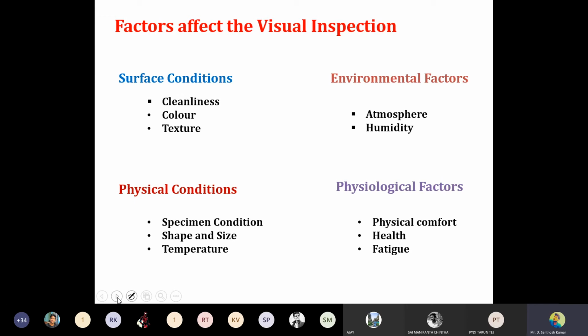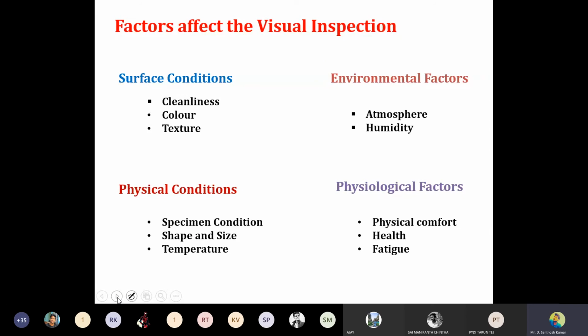Even the color plays a major role, and the texture also. If it is a plain structure, then you can easily detect your defects, but whenever the texture changes, it is somewhat difficult to identify the defects. And also physical conditions, nothing but the specimen conditions, how it will be. If there is any complexity in the component, then it is somewhat difficult to identify.